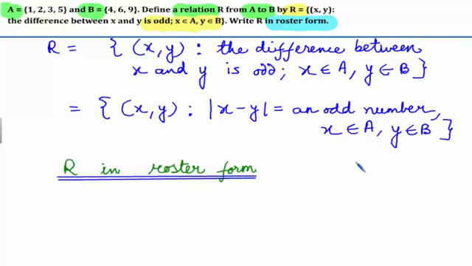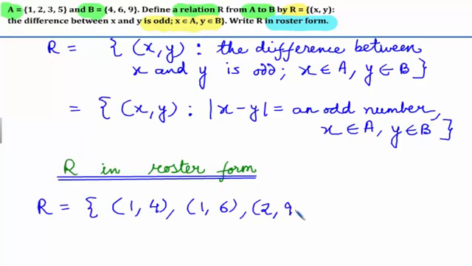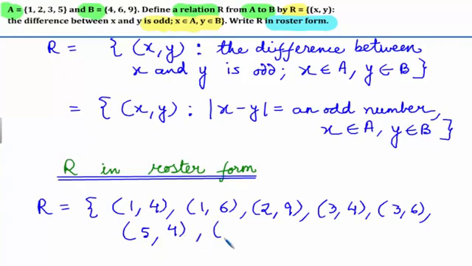Now in the question it is given that we have to write R in roster form. So R will be equal to (1, 4), (1, 6), (2, 9), (3, 4), and (3, 6), then (5, 4) and then (5, 6).